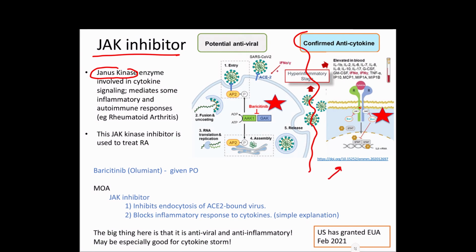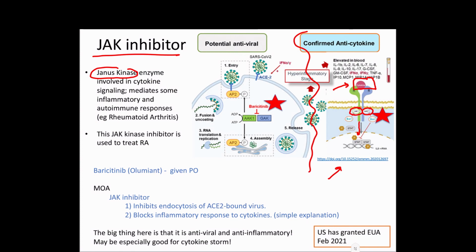We know for sure that JAK, as an enzyme, is necessary to mediate cellular responses to cytokines. So cytokines can be highly inflammatory, and some of the problems that we see in COVID-19 is that hyperinflammation in the lungs, and even sometimes hyperinflammation systemically when you see that cytokine storm.